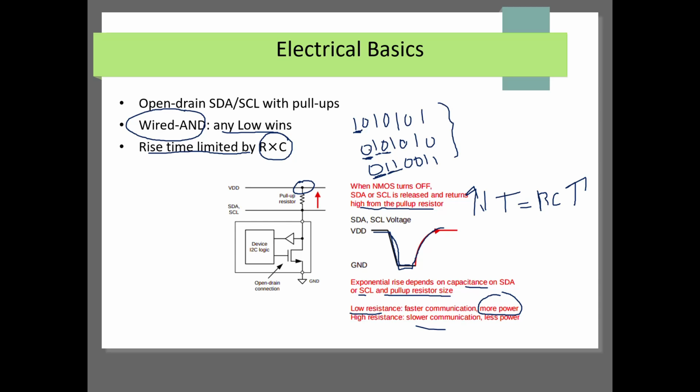That means this value is low, so the low address wins the race. That is the meaning of wired-AND, because whenever the SDA line is pulled from high to low, it is in busy condition. That's why the low address wins the race.